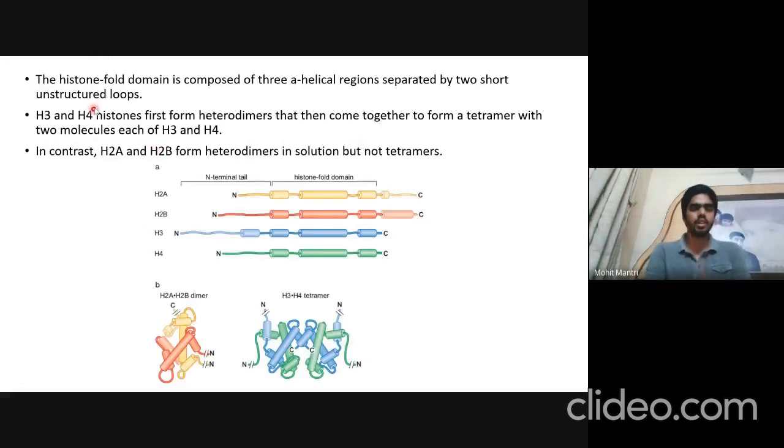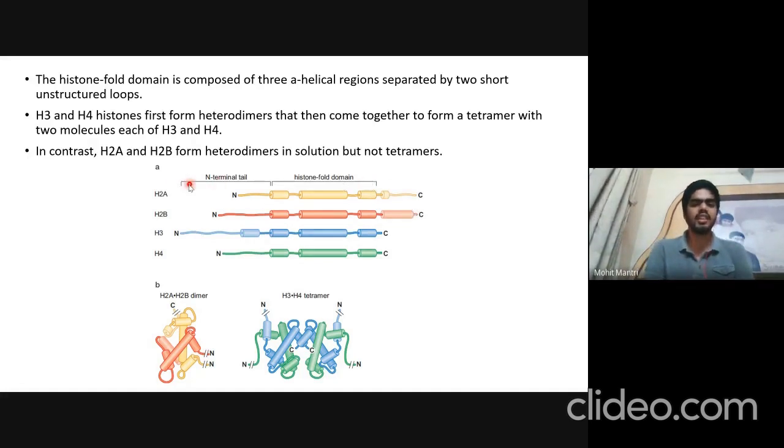Now the histone fold. There are domains in the histone protein known as histone folds, and usually 3 histone fold domains are seen in all the histones. In the case of H2A, H2B, and H3, there is an additional histone fold extension.